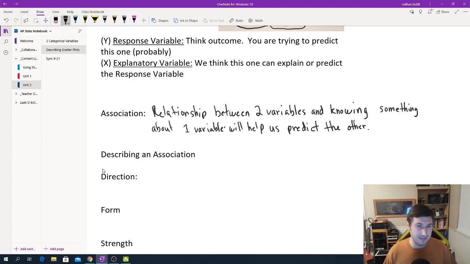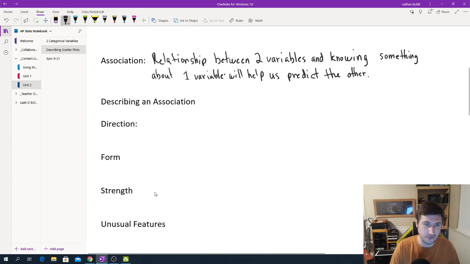So, if we think there is a relationship, an association between two variables, how do we describe that relationship? Well, there are four things we want to talk about for an association: direction, form, strength, and any unusual features. These are the things we're looking for when we look at a scatter plot. So first, direction.